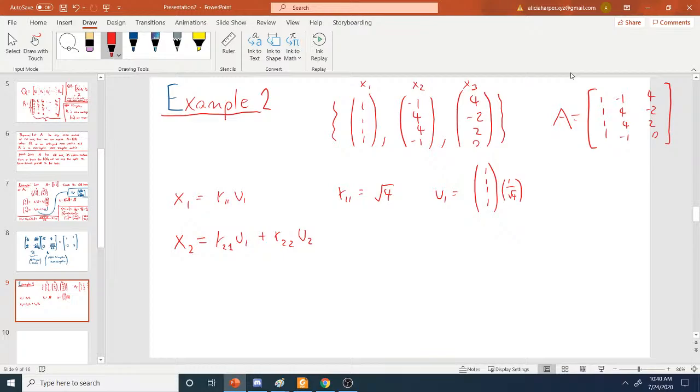R22 was equal to 10 over 4 times the square root of 4, and R21 was equal to 6 over the square root of 4.